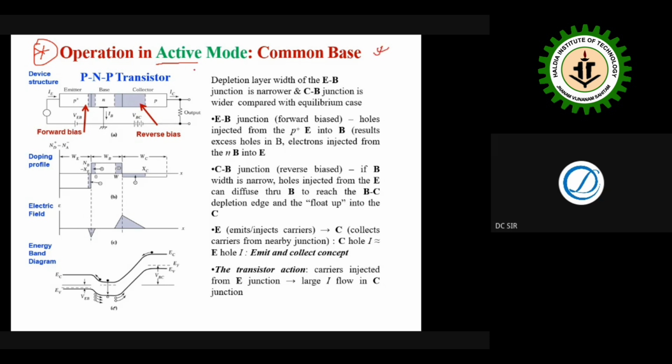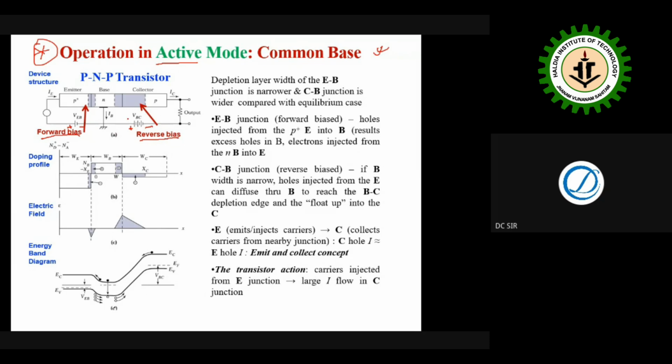In active mode, the emitter base junction is forward biased. This is the P, this is the N. P is connected to the positive, N is connected to the negative. This is forward bias. Whereas the base collector junction is reverse biased. This is positive, which is connected to the base. This is negative, which is connected to the collector.